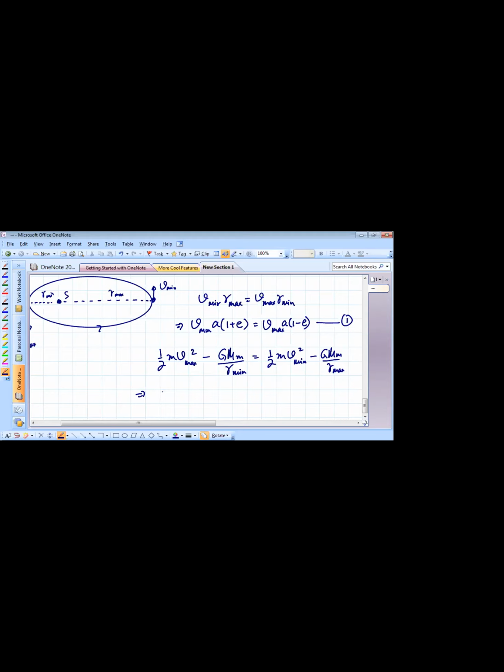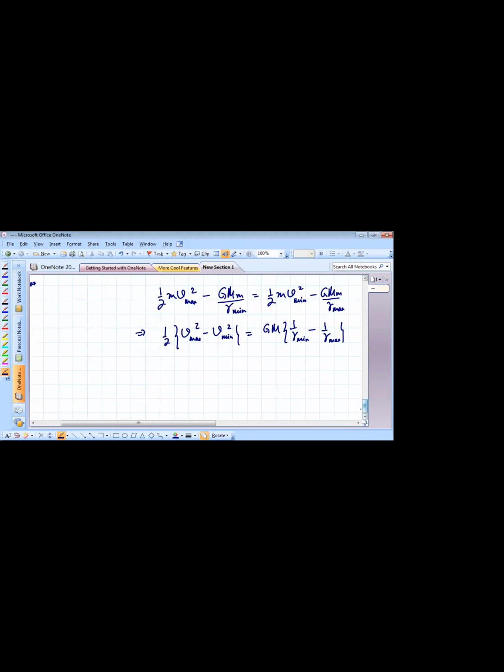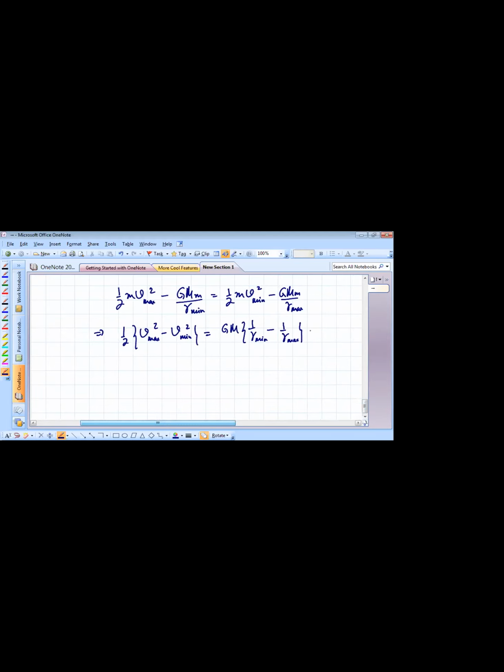So if you compare this relation now, you have half of V max square minus V minimum square is equal to GM, 1 upon R minimum minus 1 upon R max. You have a relationship like this also. So this is like another equation.